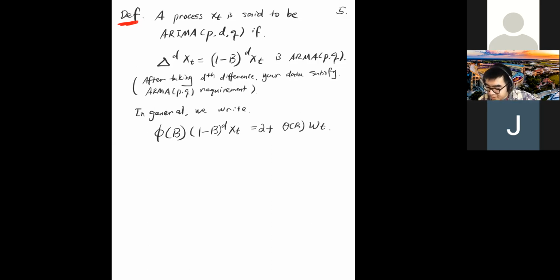This phi B is the AR part, right? And this 1 minus B to the power d xt is your integrated part, which is your differencing part. And this theta B is your MA part.